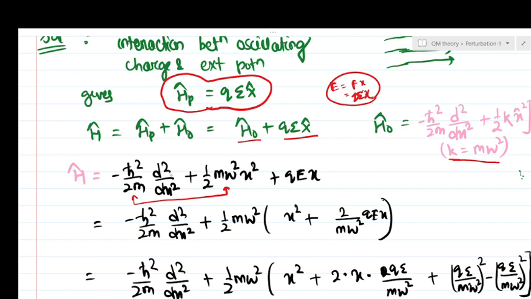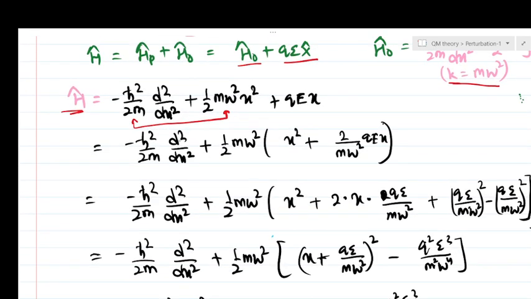If you put in the value, the Hamiltonian is minus h bar square by 2m d square by dx square plus half m omega square, and if you take that common, the bracket is x square plus this term. See here that the Hamiltonian is proportional to x square as well as x.